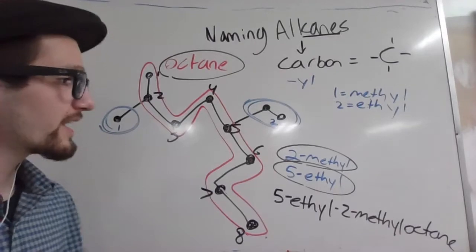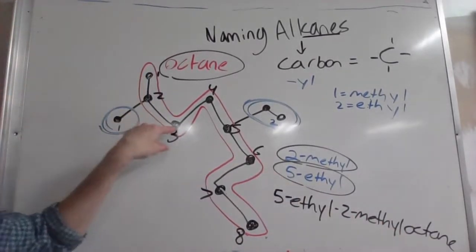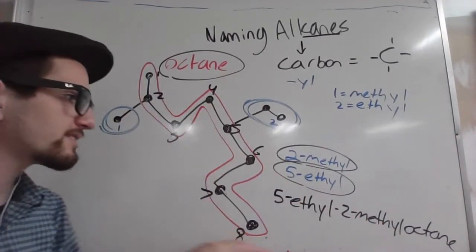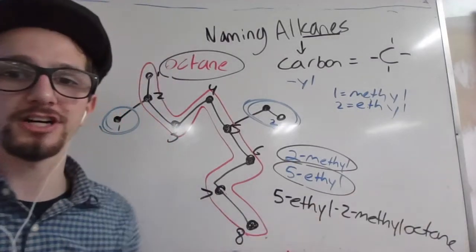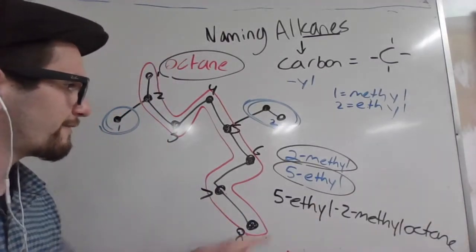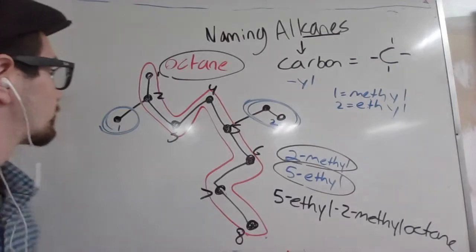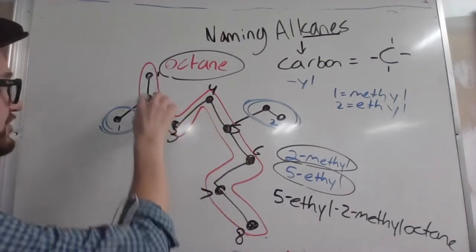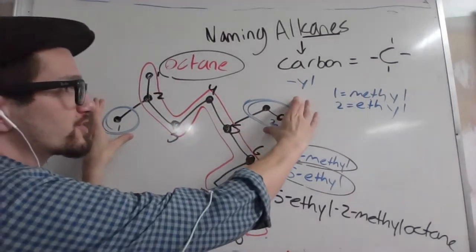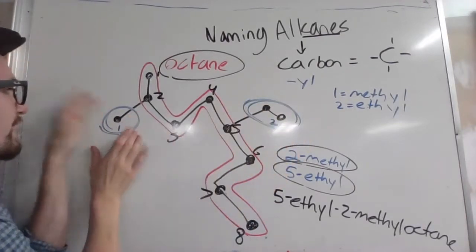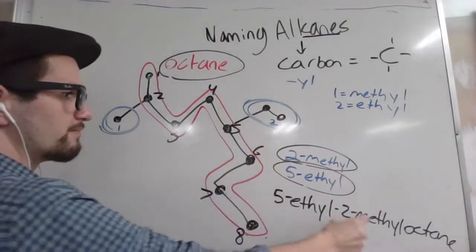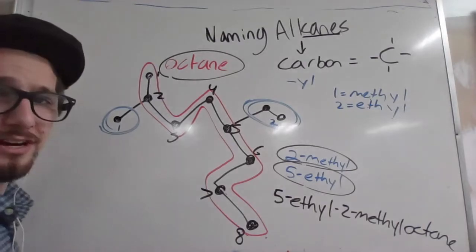So rewinding, where did I get octane? The longest chain without picking up my marker was 8. Oct, and it's ane because they're carbons with single bonds. Where did I get 5-ethyl and 2-methyl? Well, off of this main chain, I had a group of 1 and a group of 2 sticking off to the side. This was a methyl group, this was an ethyl group. Where did I get the numbers 5 and 2?